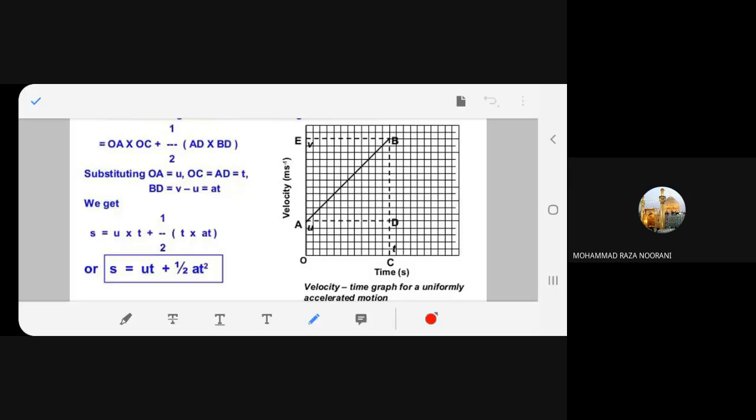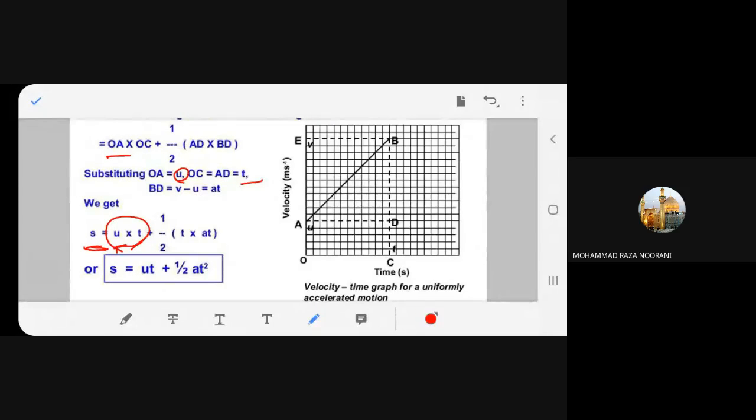I get S is equal to, what is OA? It is U. So I write U over here. Yes or no? What is OC? T. I write T over here. So S is equal to UT. This much I got. This is the area of the rectangle.